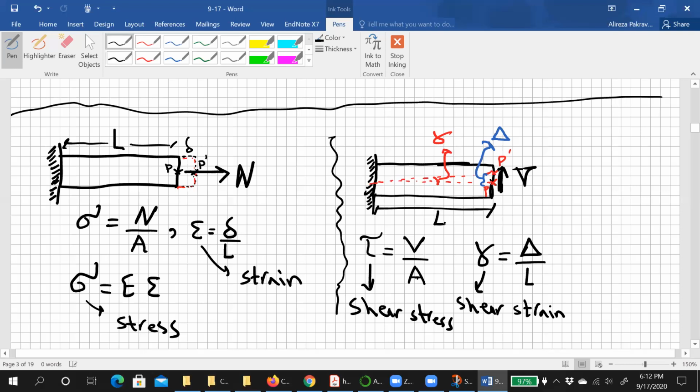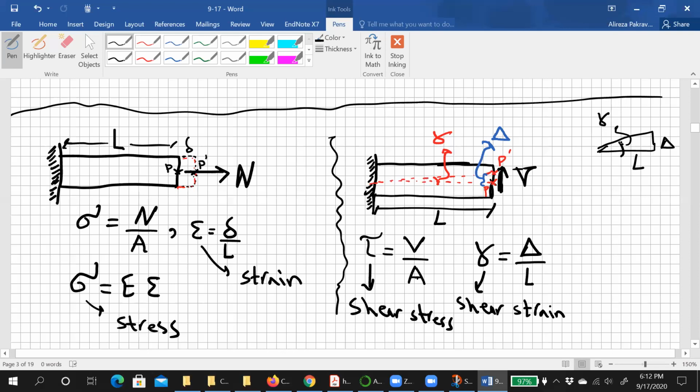Gamma is the angle, but we are talking about the elastic region, and in the elastic region we have very small deformation, which means, if you look at this triangle, the sine of this angle is delta divided by L. But since this angle gamma is very small, gamma equals sine gamma equals tangent gamma. Then gamma would be delta over L.